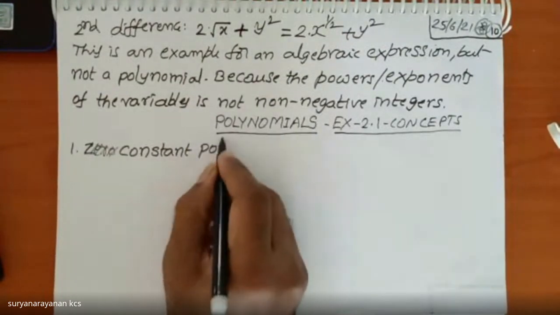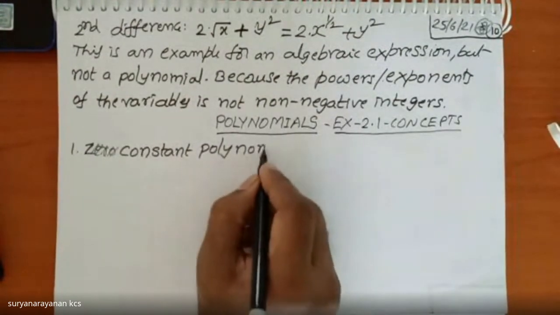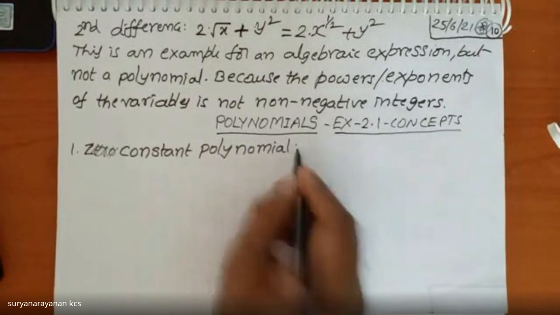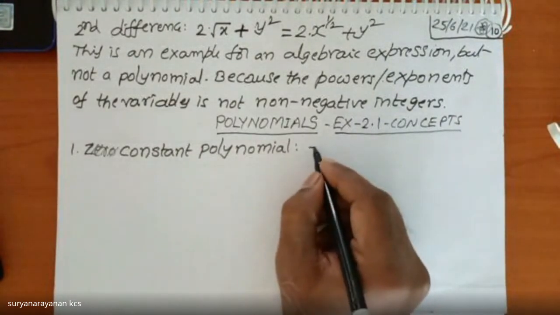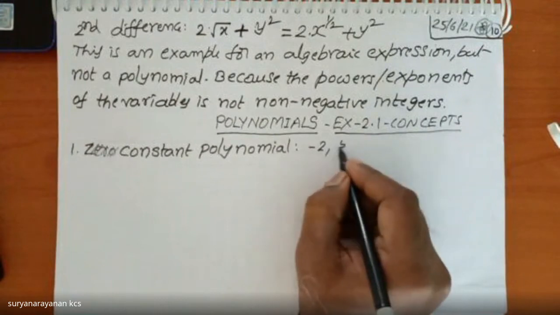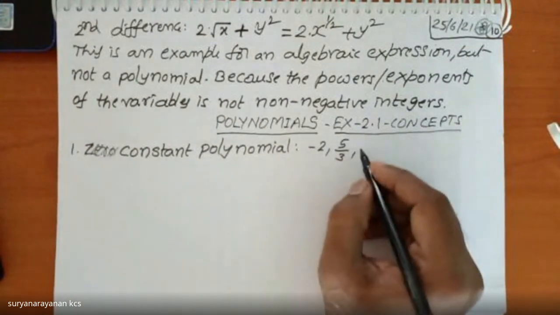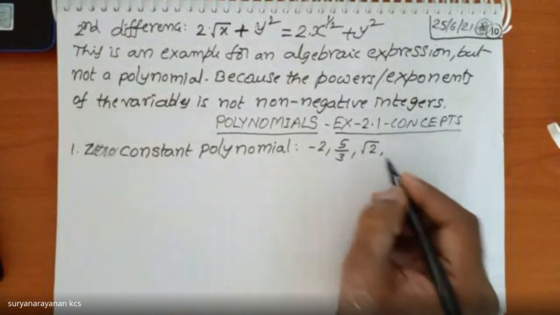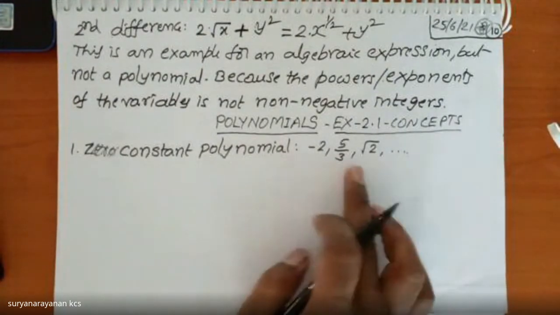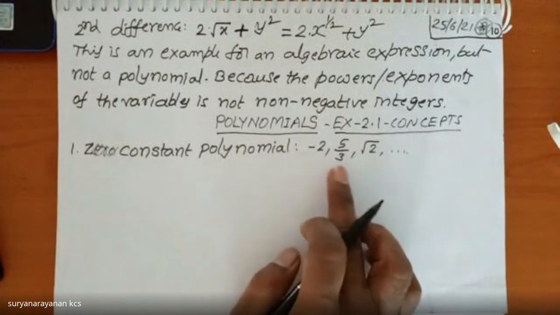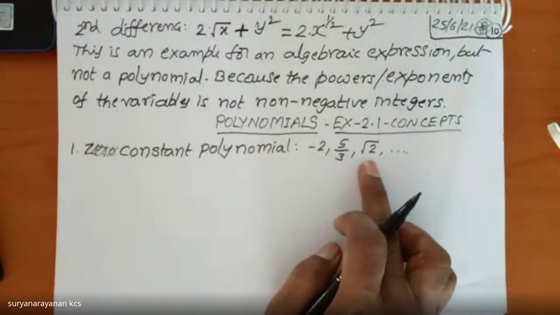Constant polynomial. For example, minus 2, pi by 3, root 2, and so on. If you observe, minus 2 is one term, pi by 3 is only one term, root 2 is only one term.